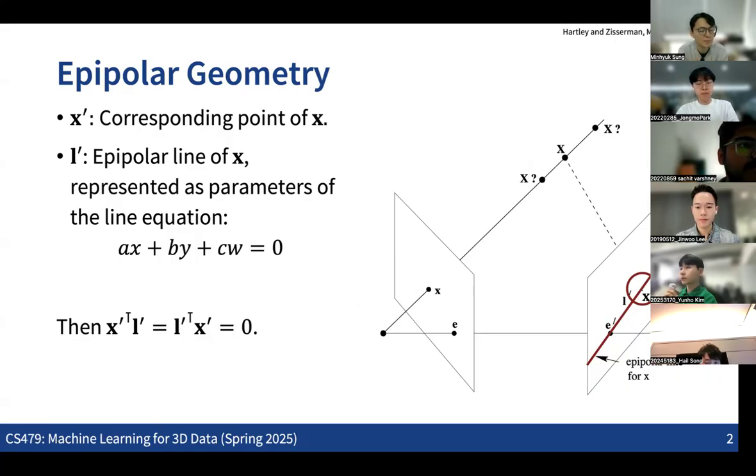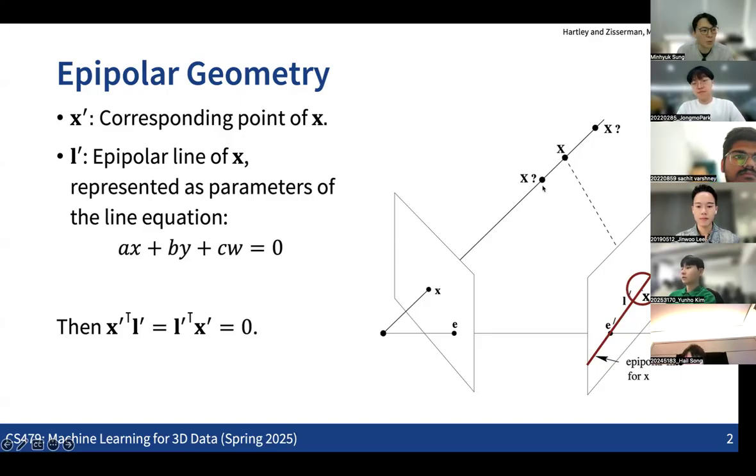So the epipolar line was basically the corresponding line of the 2D point in the other image. So when you think about having two multi-view images like this, the first one on the left-hand side and the second one on the right-hand side, when you have one point in the first image, depending on what the 3D point was that has been projected into this point, we can draw a line, which shows the projection of the 3D point into the other view, right?